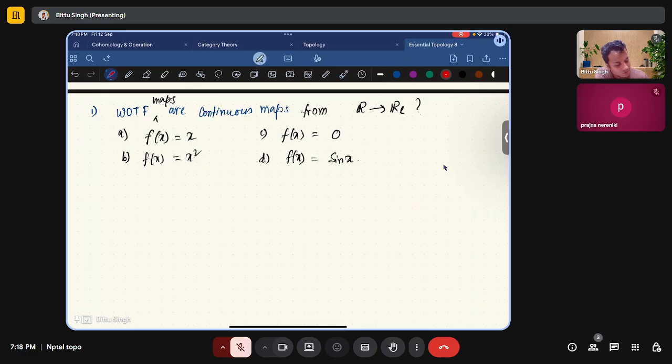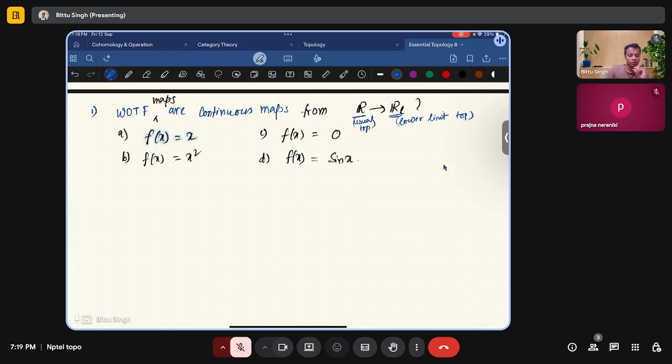This problem asks which of the following maps are continuous. We are taking R with the Euclidean topology, and RL means R with the lower limit topology. This is equipped with the lower limit topology, and this is equipped with the Euclidean or usual topology.